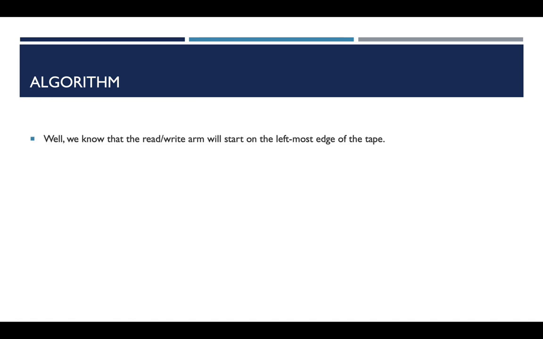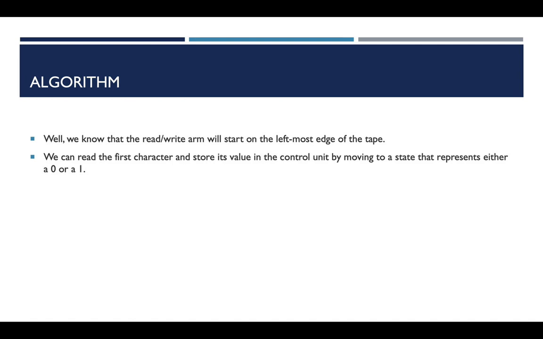The first thing that we know is that the read-write arm is probably going to start on the leftmost edge of the tape, and if it doesn't, we can make it. So let's just assume that the read-write arm starts at the leftmost character in the string, right next to the edge of the tape on the left-hand side. If we read that very first character, we can move the state in the control unit to a state that remembers what that symbol was.